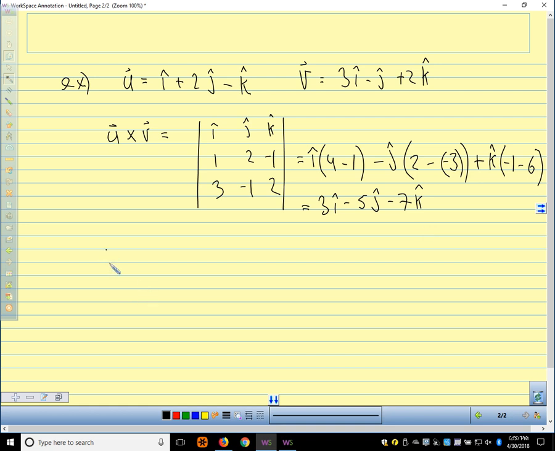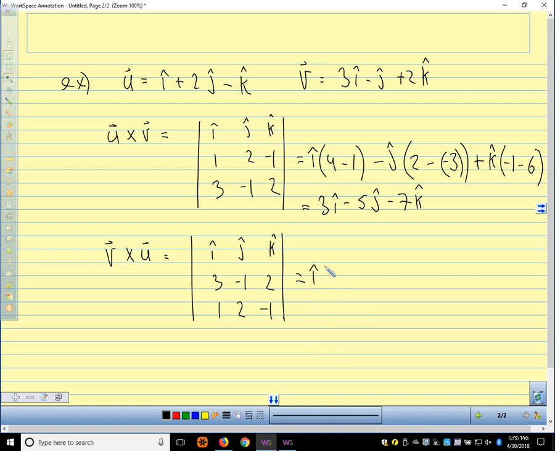Let's look at v cross u. Any guesses what's going to happen here? Well, let's calculate this out.